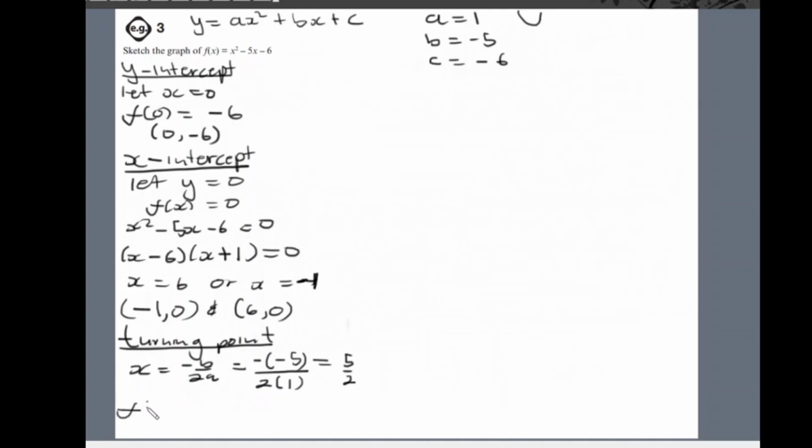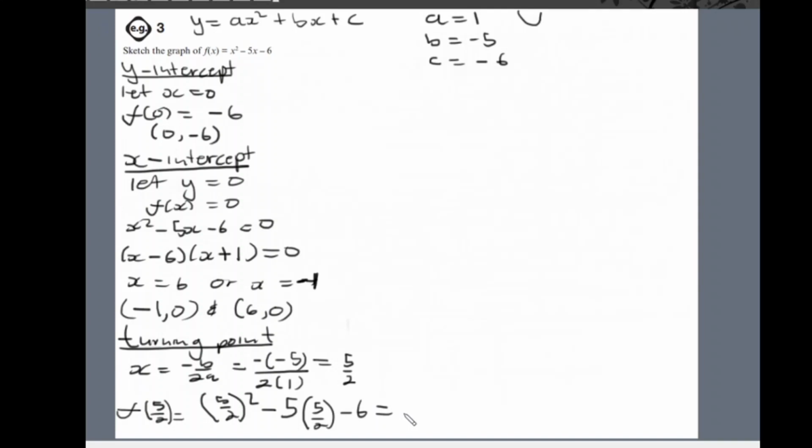And then the y value of the turning point is f of 5/2. When we see x in our function we put 5/2, so we'll have 5/2 squared minus 5 times 5/2 minus 6.